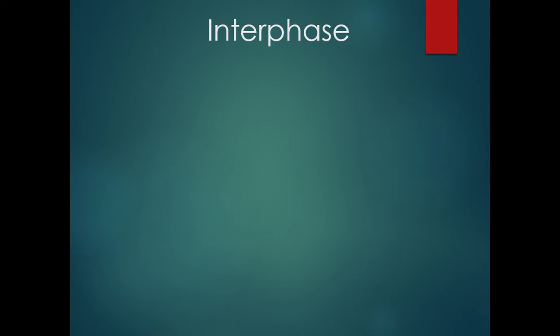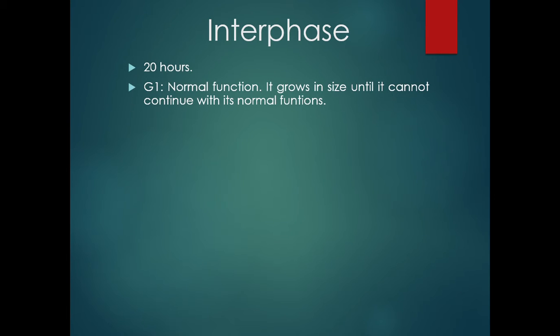Let's start with the interphase. In order to successfully complete all of the steps in the interphase, it will take most cells around 20 hours. The first stage is G1. During this stage, cells have a normal function, and the cell grows in size until it cannot continue with its normal functions.